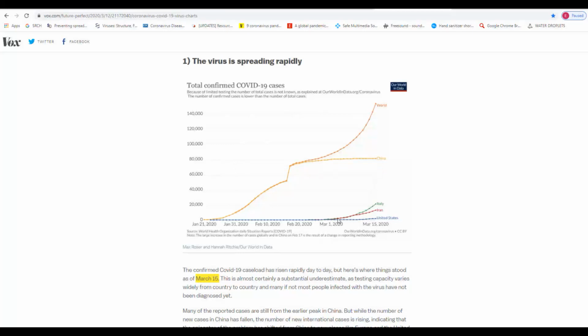And then Italy is still on the rise, this green curve. Iran is on the rise, it's a red curve. And the United States is this blue curve near the bottom here, still on the rise. So statistics is about the real world, and nothing could be more real than the spread of a pandemic across the world.